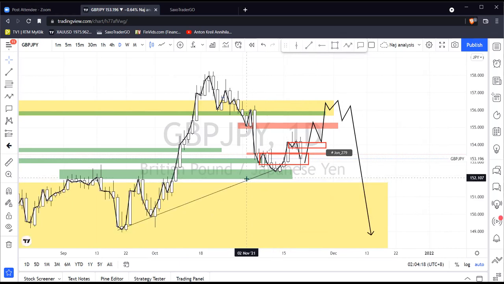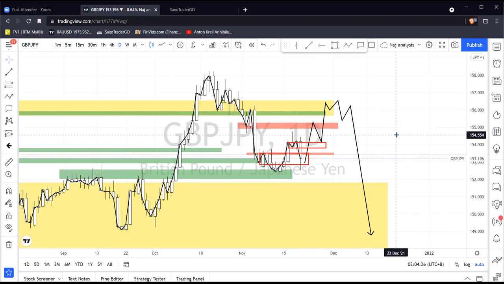The price might get to that location and go down to this lower level before going up, because this is a big zone down there. Yeah, true. Probably.